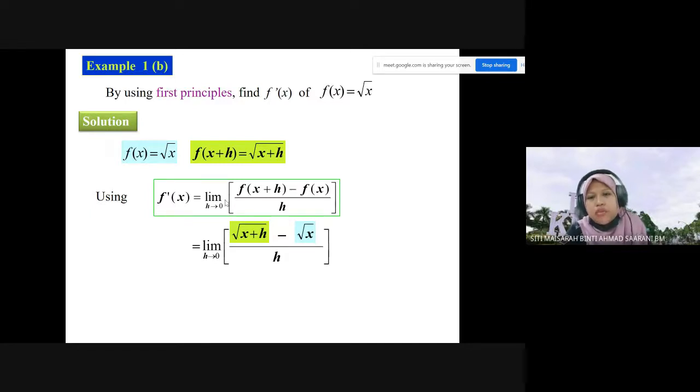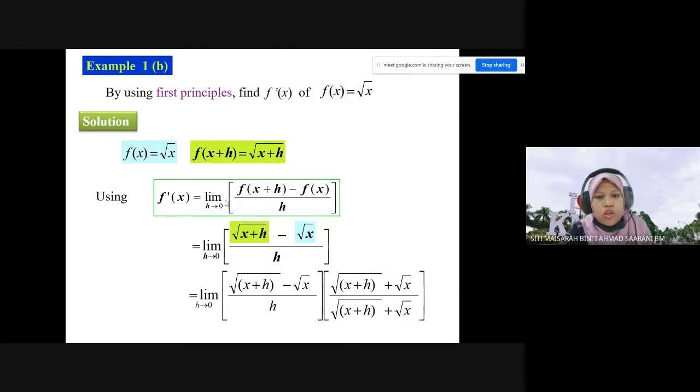For this case, kita multiply with conjugate yang di atas, bukan yang di bawah lah, yang di atas. The above expression. So, we multiply with conjugate. For this case, the conjugate is √(x+h) plus √x. So then, limit h approach 0, (√(x+h) minus √x) over h, multiply with conjugate, (√(x+h) plus √x) over (√(x+h) plus √x).